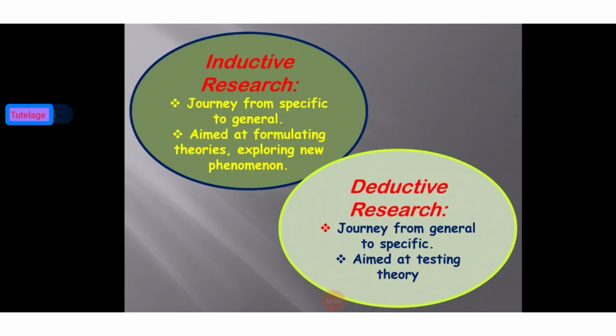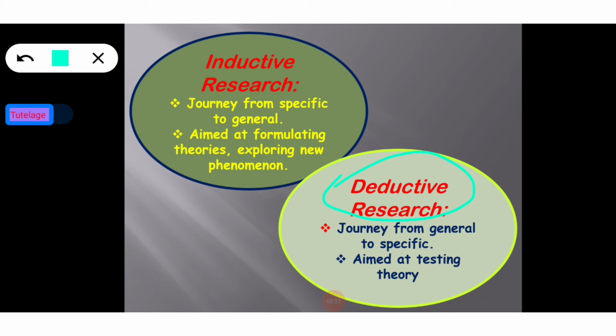So here is the slide for inductive research and deductive research, which are among the most important research types. We all know that quantitative research is similar to deductive research, and qualitative research is related to inductive research. So at first we have to discuss deductive research, which is basically similar to quantitative research.